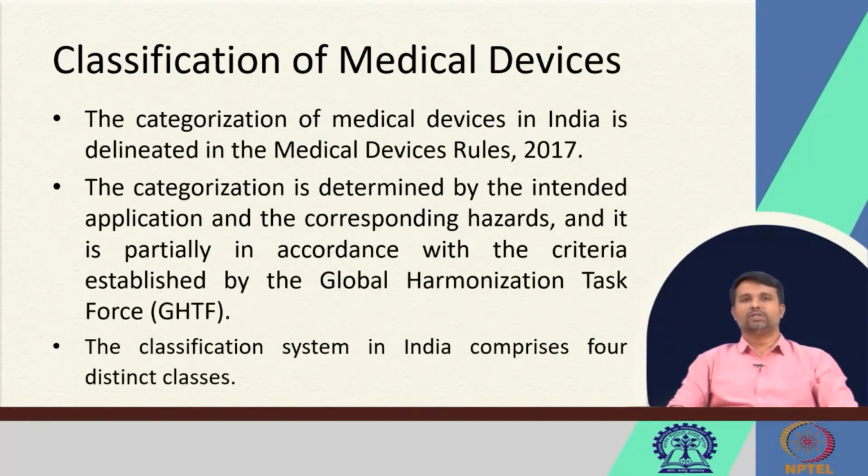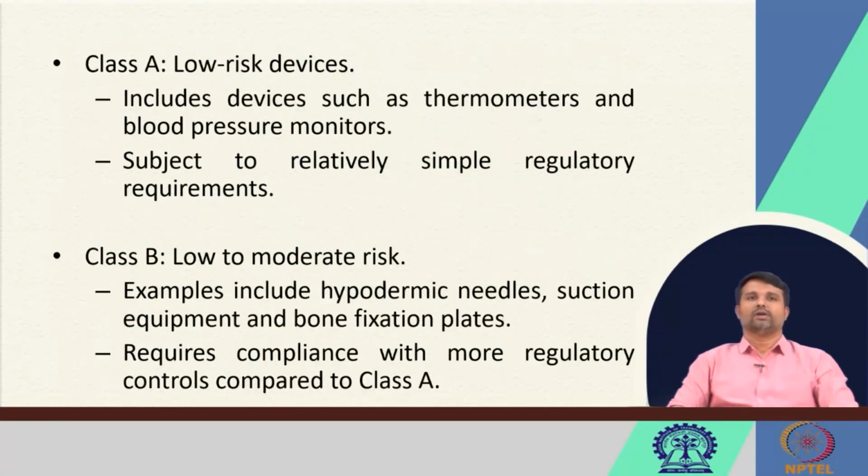The medical device rules provide for classification of medical devices into 4 different categories. The categorization is determined by intended application and the corresponding hazards, and it is in accordance with the criteria established by the Global Harmonization Task Force. Now, let us see what are the 4 distinct classes. Class A deals with low risk devices.